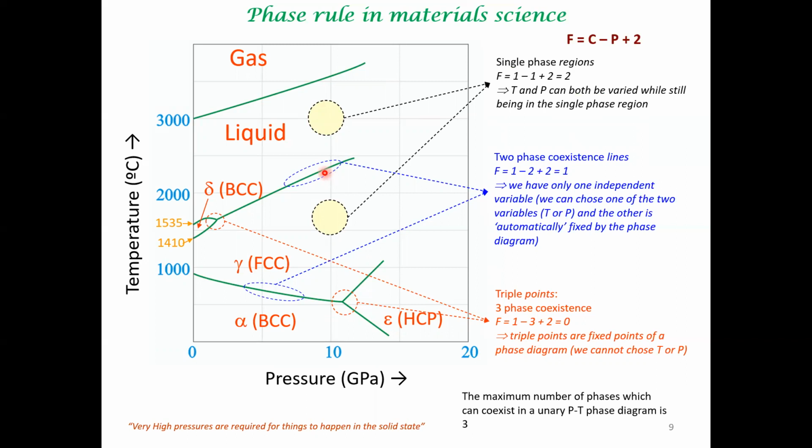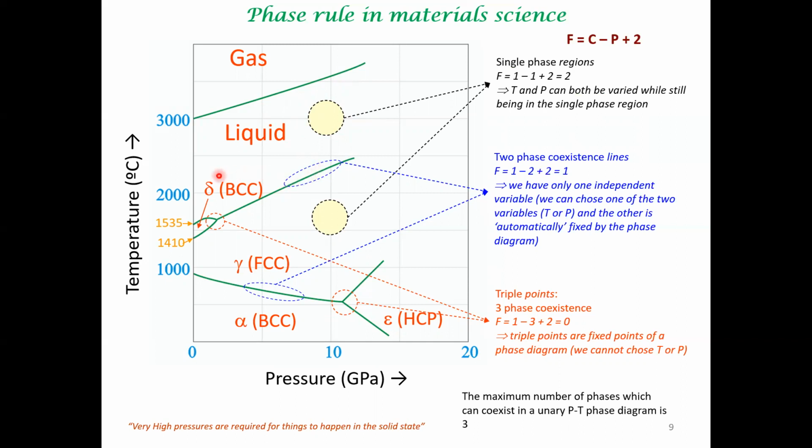So if I want to stay in the two-phase coexistence region, if I choose a temperature, I cannot vary pressure independently. The pressure is automatically fixed. Here, for a particular temperature, I can have a series of pressures, or for a particular pressure, I can have a series of temperatures, and still remain in this region.